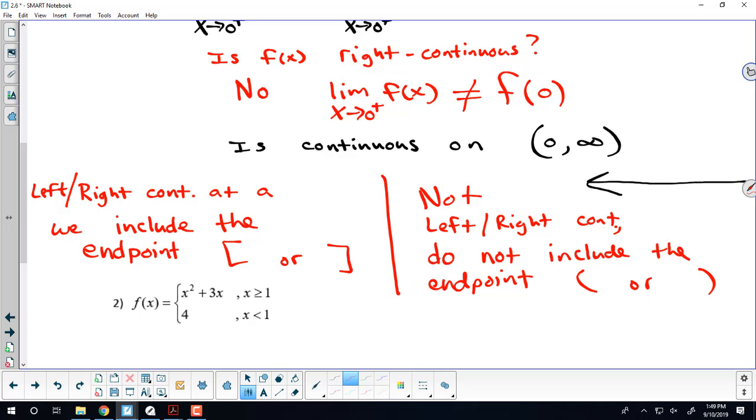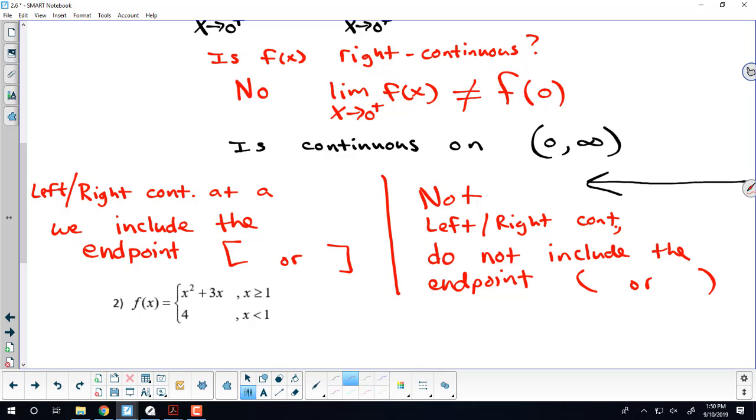And honestly, it's easier just to look at the function and the function value at 0 and use sort of an algebraic approach to that. But it's not technical to look at it that way. The technical aspect comes in with looking at limits from the left and from the right.